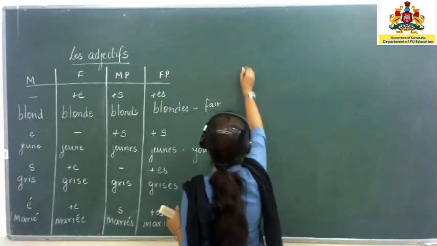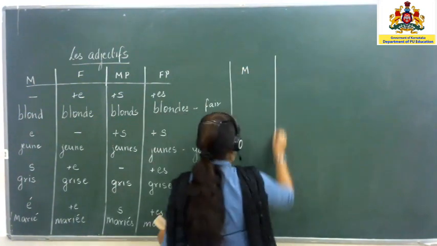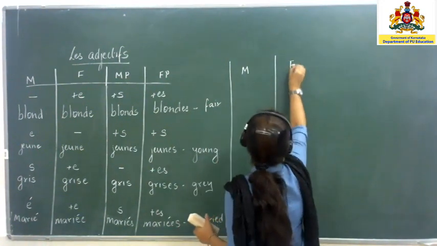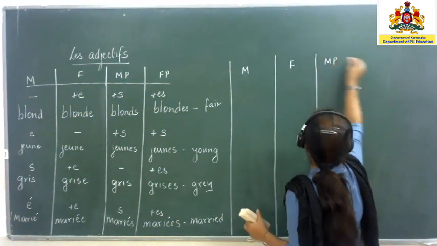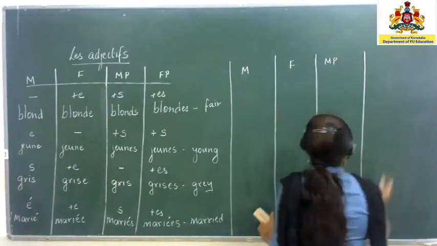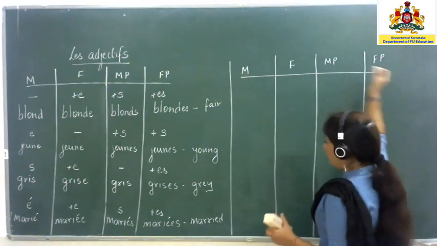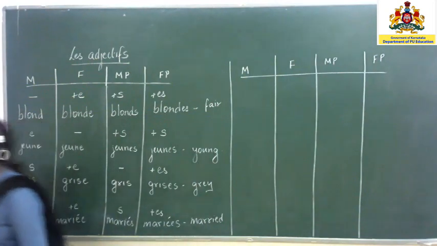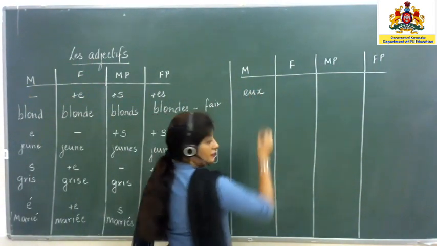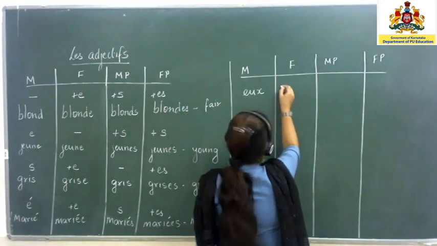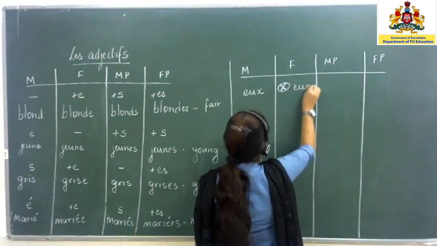You have some more. So again, masculine, feminine, masculine plural, and feminine plural. If the masculine ends with EUX, remove the X and it becomes EUSE.